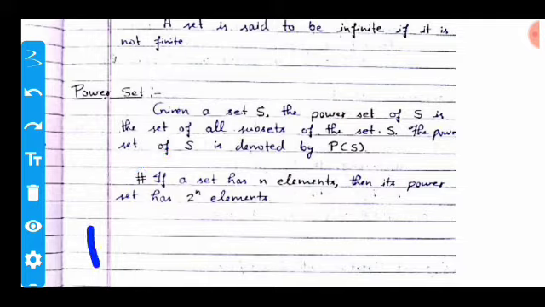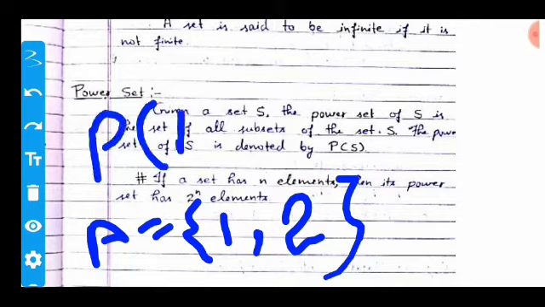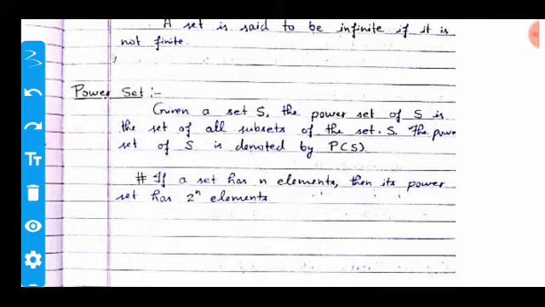Means if a set A equals {1, 2}, then the power set P of A has 2 to the power 2, which is 4 elements. So this is the power set.